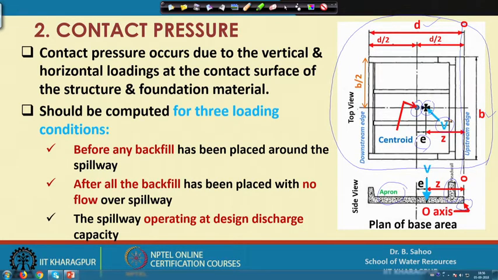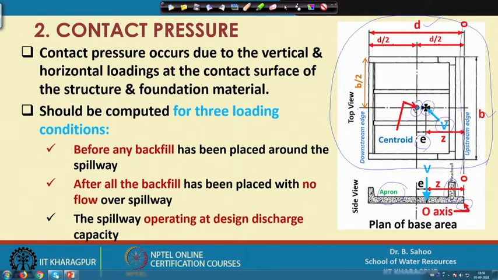If V is acting exactly at the centroid of this base, then naturally the structure will be more stable. But if it is acting at a distance of e from the centroid, which is called eccentricity, a moment will occur, just like the bending moment you might have studied, and generally that will cause overturning of the structure.